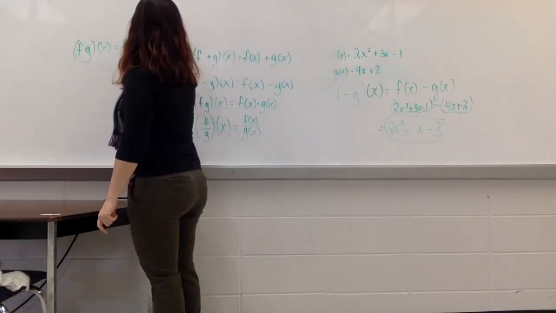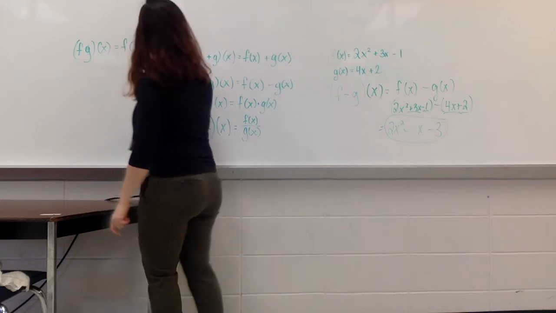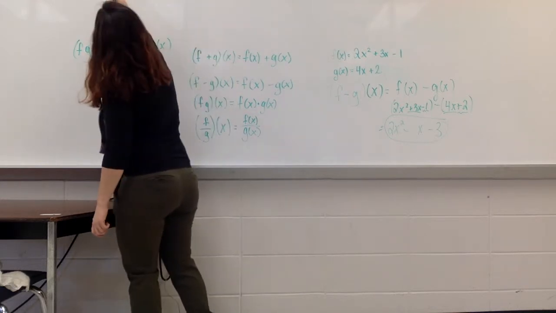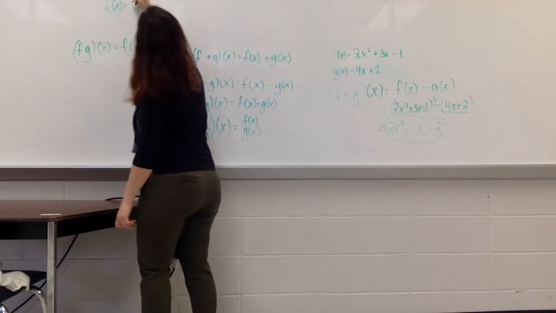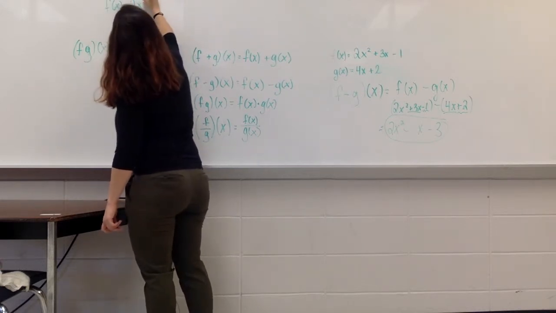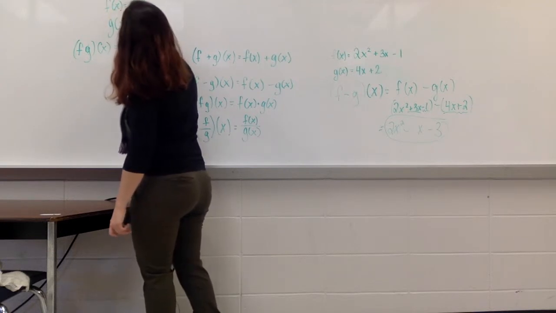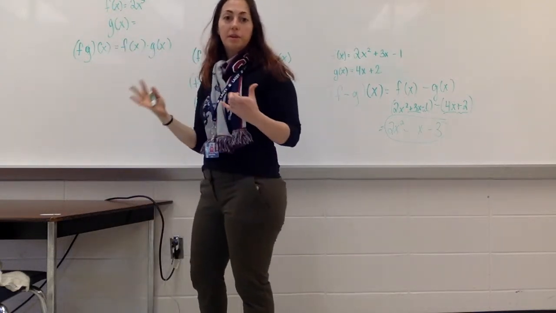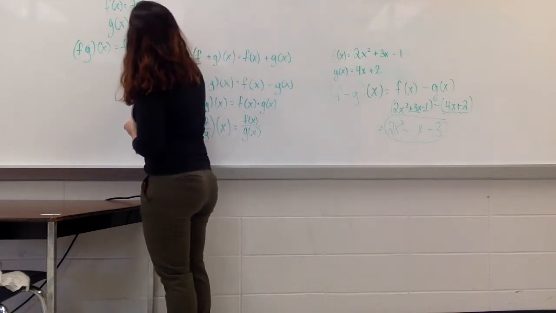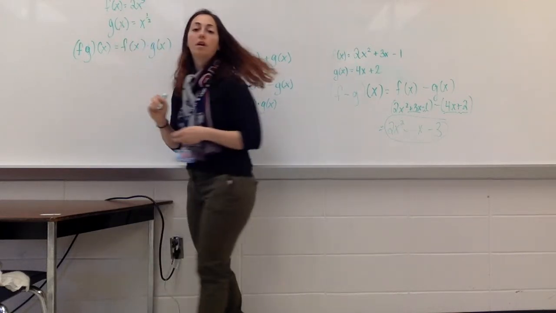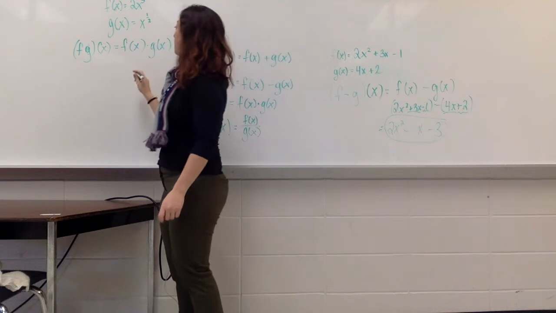So I'm going to multiply f of x times g of x. So what are those functions? Let's say f of x equals 2x to the third power, and g of x equals something where we're dealing with these, maybe these fractions. So x to the 1/2 power, right? And now we're multiplying these two values.